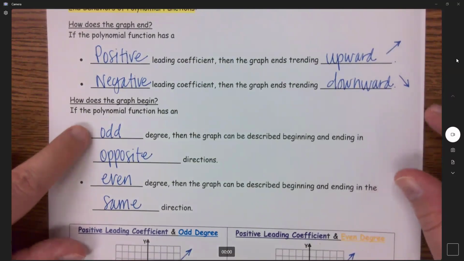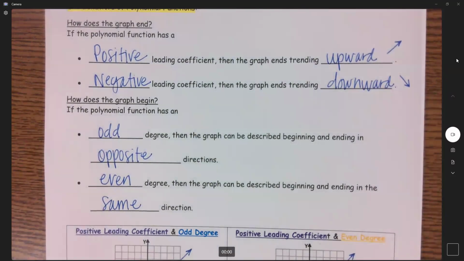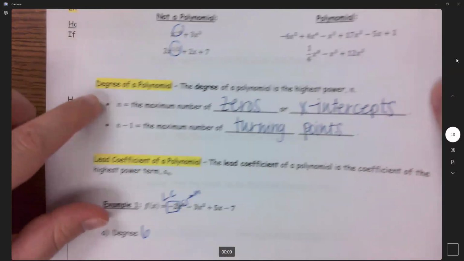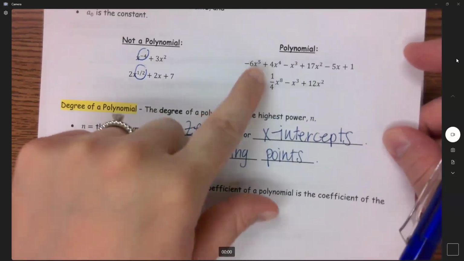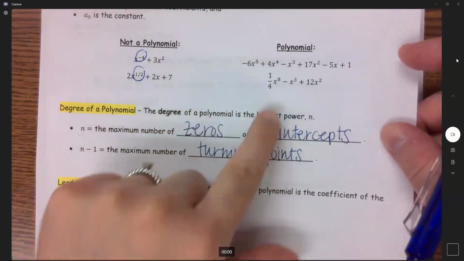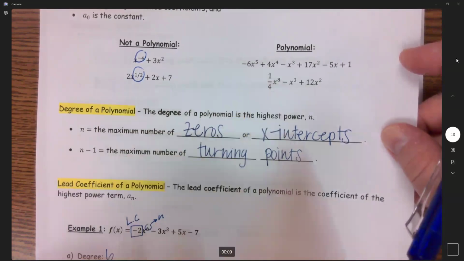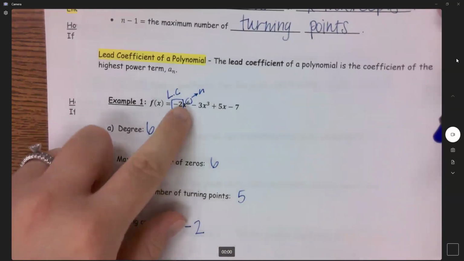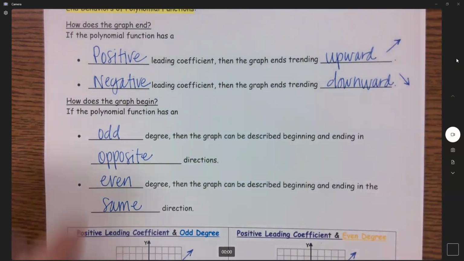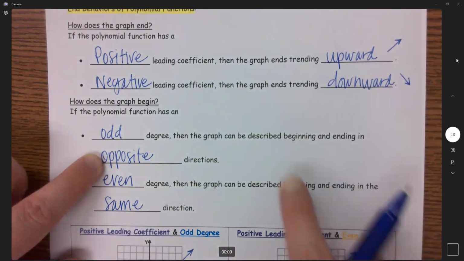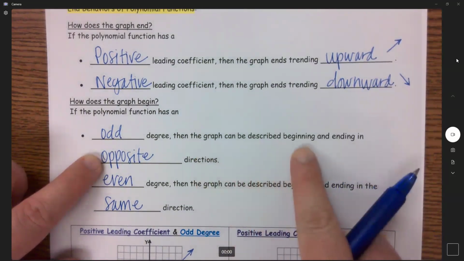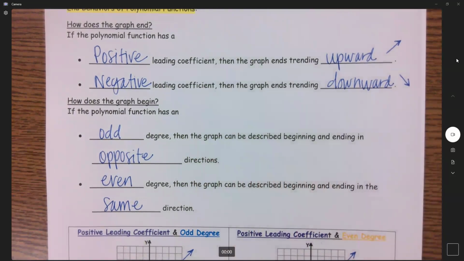So if the polynomial has an odd degree, and again, from last video, the degree is the highest power. Here I have an odd degree of 5. Here I have an even degree of 8. Here we had an even degree of 6. So whatever degree we have, if it is odd, then the graph can be described as beginning and ending in opposite directions.